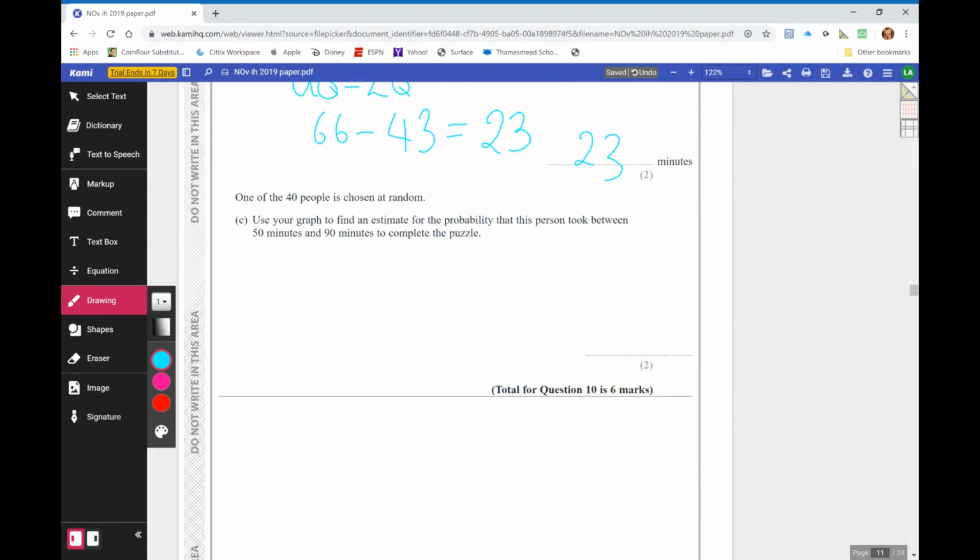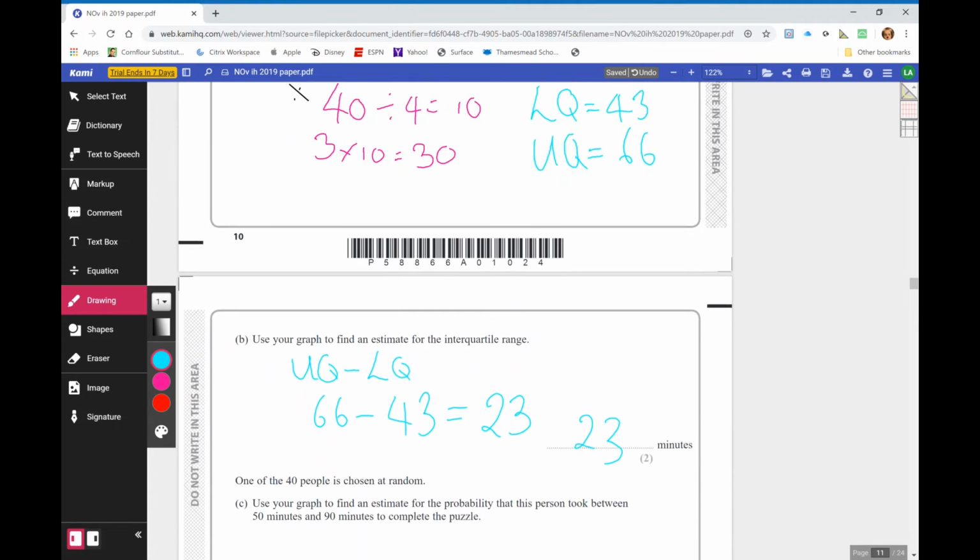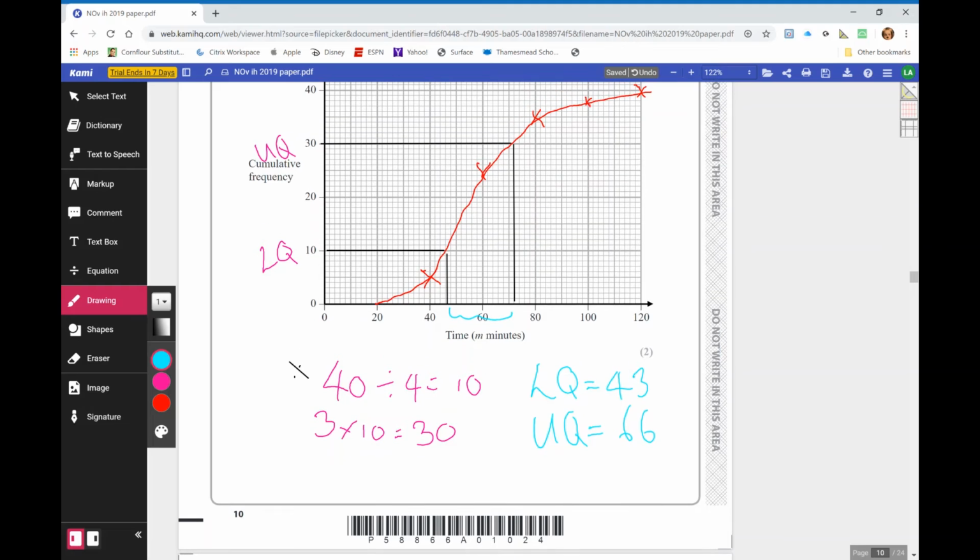All right, and then it says one of the 40 people is chosen at random. Use your graph to find an estimate for the probability that person took between 50 and 90 minutes. So 50 and 90 minutes. If you go to 50 minutes, it's along here, see between the 40 and the 60. So 50, we'll look here to here, and then another line here.